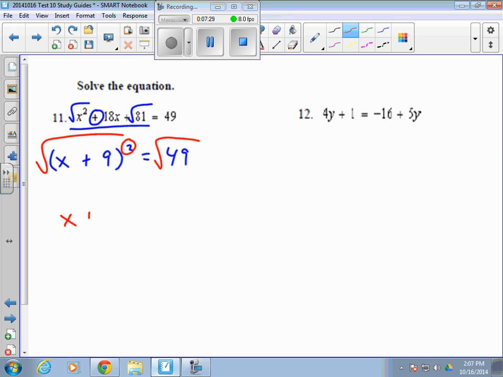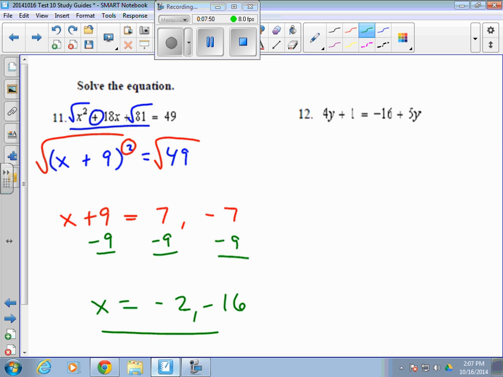Now you have x plus 9 equals the square root of 49, which is both 7 and negative 7, positive or negative. Undo plus 9 by subtracting it, do it to the positive and the negative value. x is equal to 7 minus 9, which is negative 2. Negative 7 minus 9 is negative 16. Both numbers, negative 2 and negative 16.